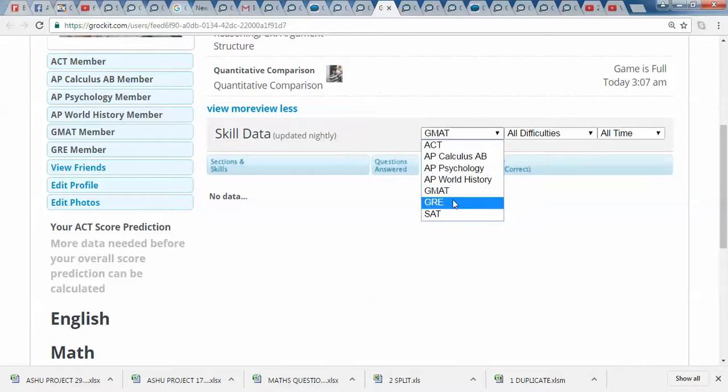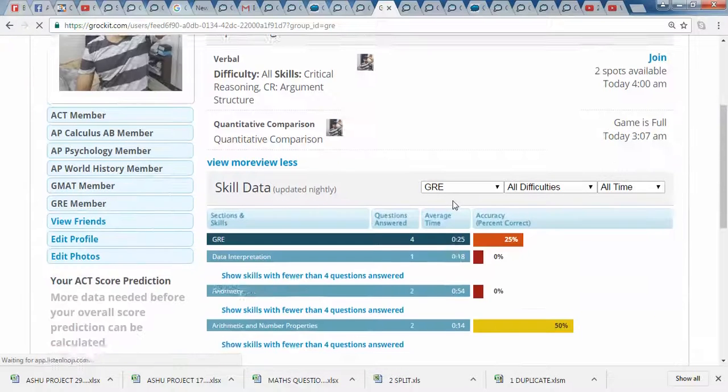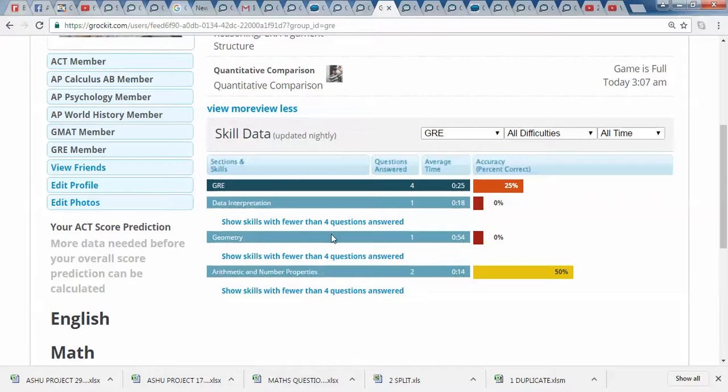For GMAT, I could have done this for GRE, and you can see how the different things that I have played a few moments earlier start reflecting in my skill data. So this is pretty much what you would be developing for play as well.